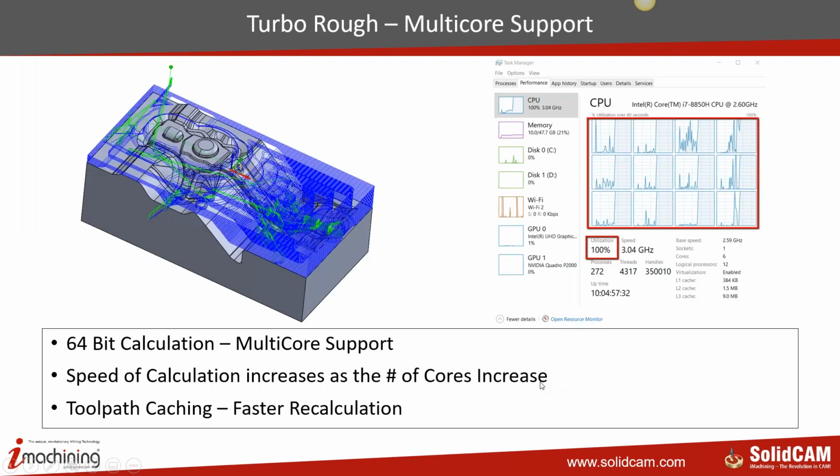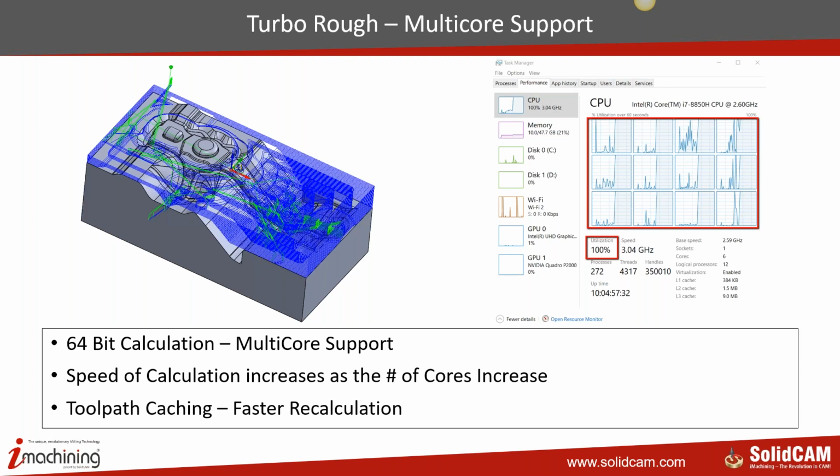The major feature in 2020 was the new 3-axis roughing engine that we introduced. Why it's called new? Because it's completely written out from scratch, and it has got some amazing features.